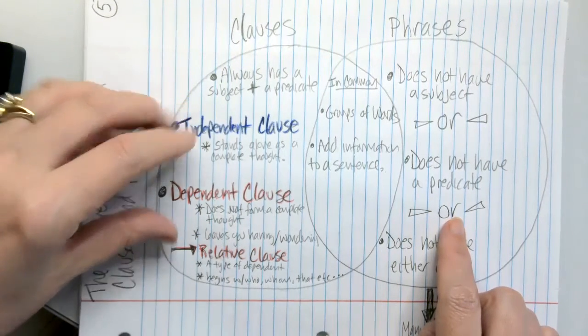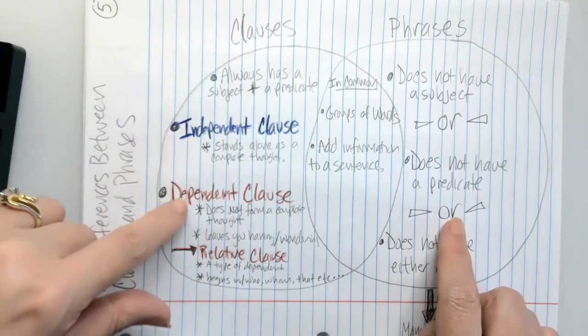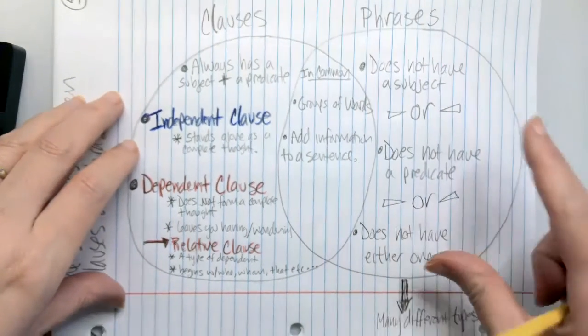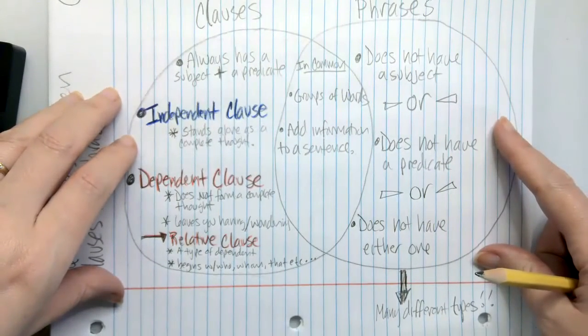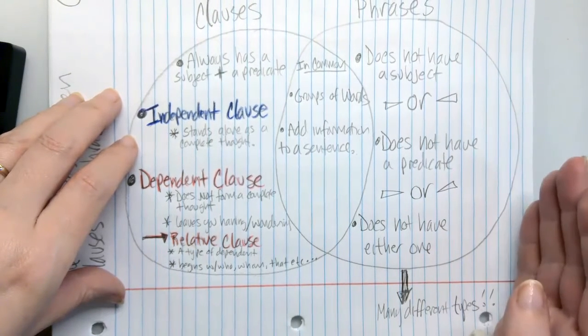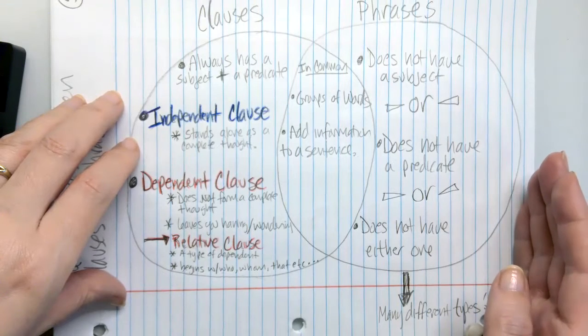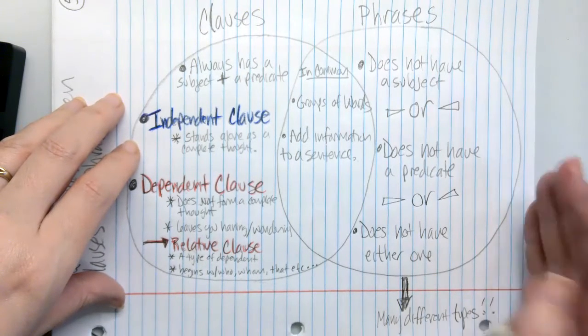Now, if it's a clause, we have pretty good criteria to determine whether it's independent or dependent, right? But if it's a phrase, that's where we come into a whole different set of rules. And that's where we talk about, well, what job does it do? So that is where we're moving next, to types of phrases.